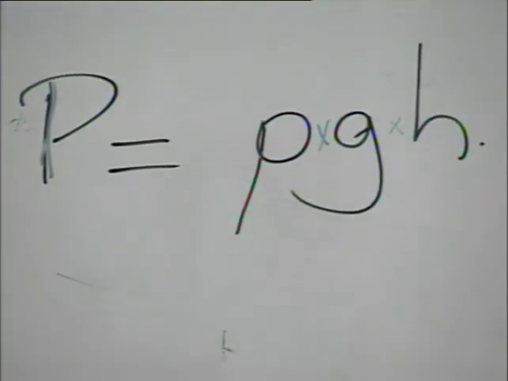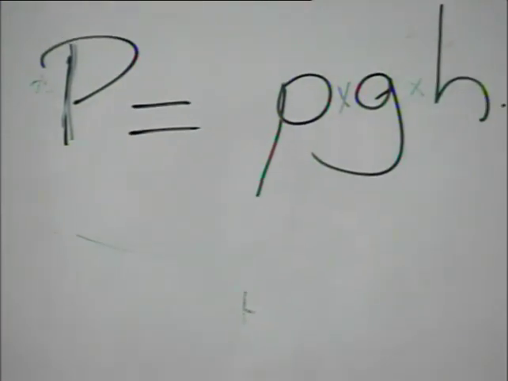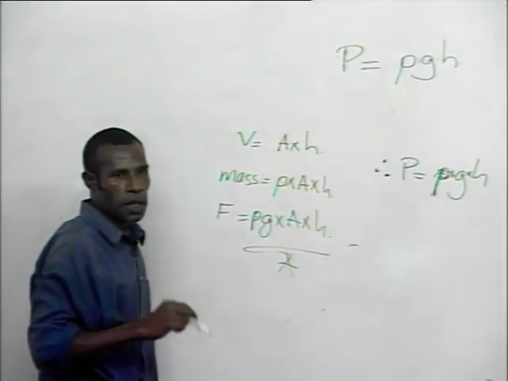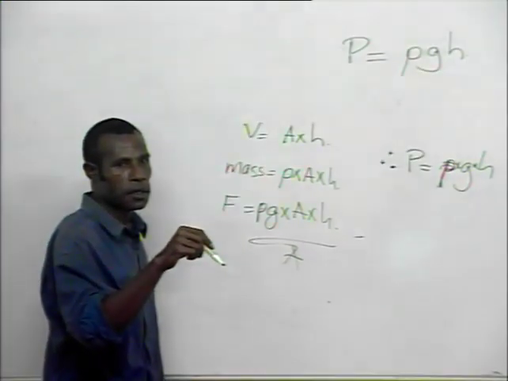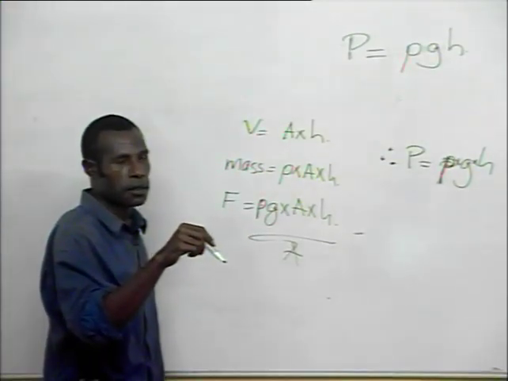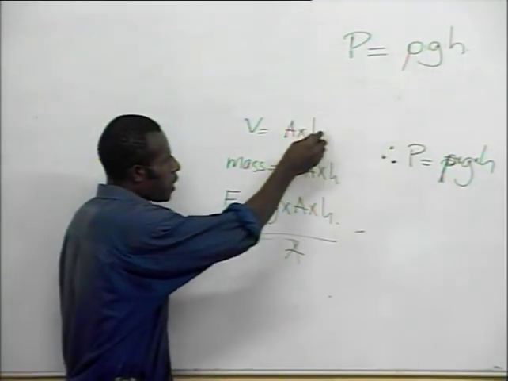If you want to calculate the volume of the liquid, it is simply the area of the container in which that liquid is placed, times the height. That is how you calculate the volume: area times height.